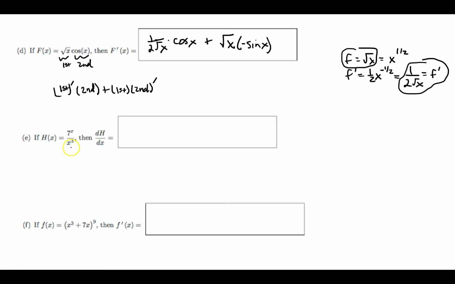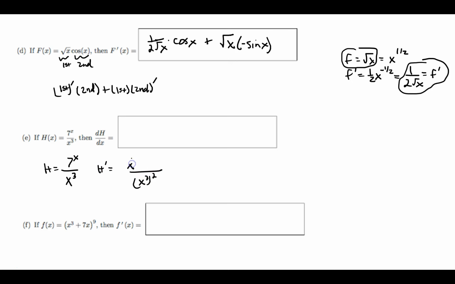Now next up we have 7 to the x on top of x cubed. There's a couple things we can do there. We can bring it up and make it a product rule, or we can do it as a quotient rule. Let's do it as a quotient rule. You take the denominator and square it. So if that's your function, your derivative is the denominator squared.